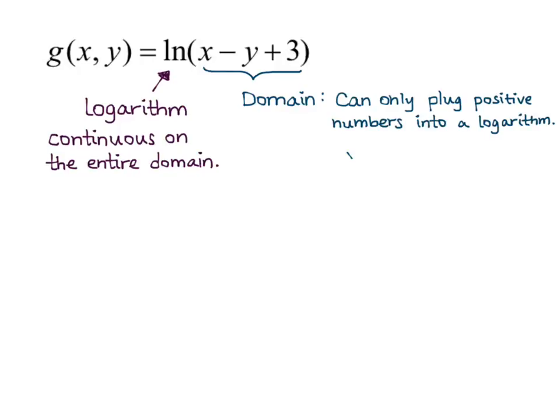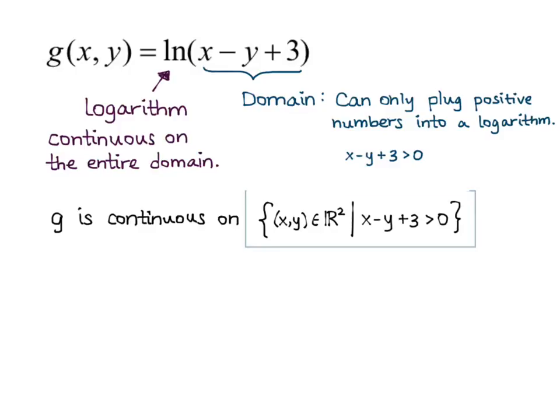And so x minus y plus 3 is greater than 0. So that's our restriction. So g is continuous on the set all x, y in R2 such that x minus y plus 3 is greater than 0. So you want to remember your restrictions on the logarithm domain are that whatever's plugged in has to be greater than 0.